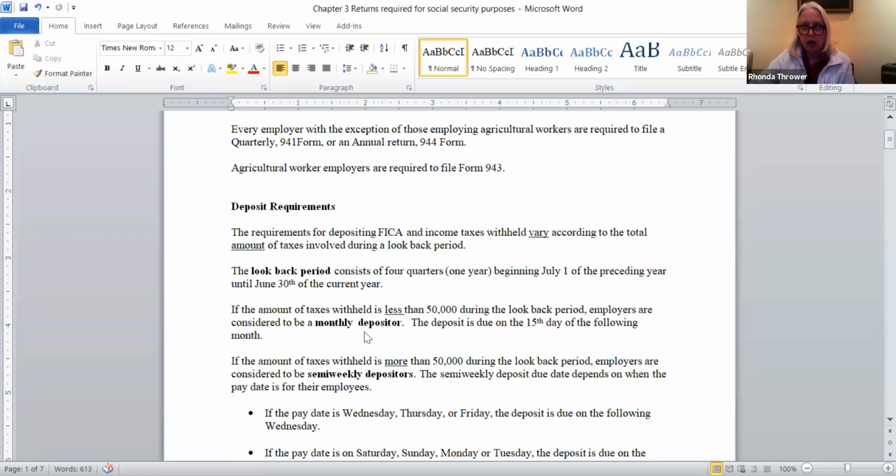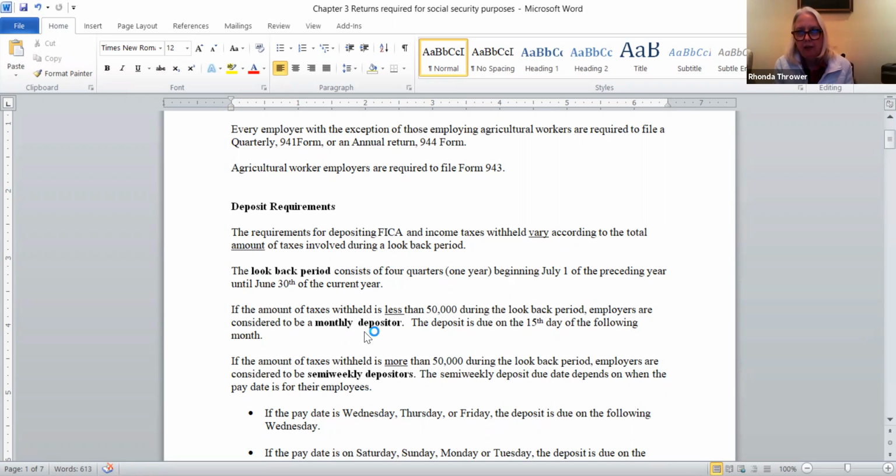So if we are withholding employees' taxes, and the taxes that we have withheld during the look-back period for the last preceding 1 year period that began on July 1st and ended on June 30th, then if we are a monthly depositor, we're going to deposit the taxes on a monthly basis. And the deposit will be due on the 15th day of the following month.